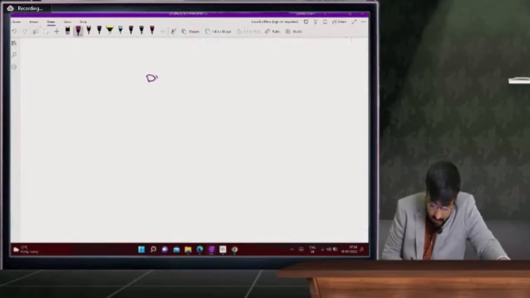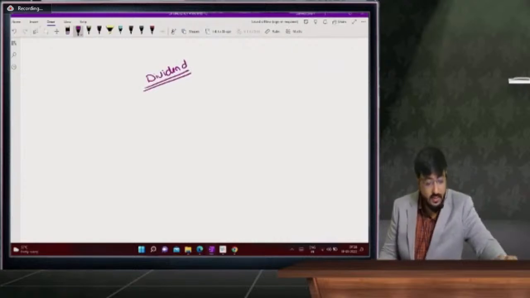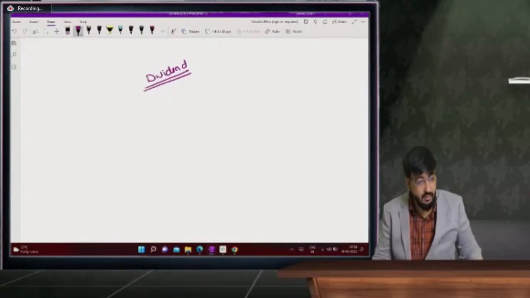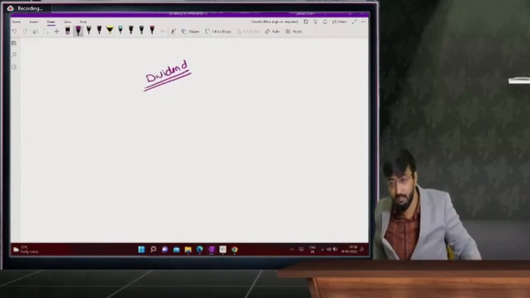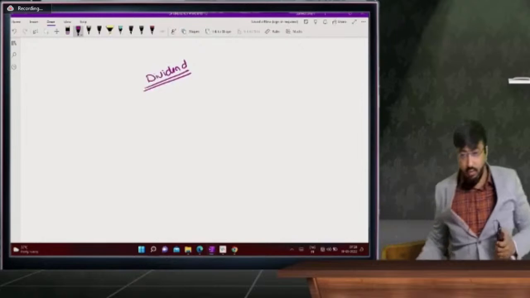Yes, can you tell me what is the limitation on dividend? So write down concept of dividend. Concept of dividend. Yes, write down. Dividend we are going to see now. So dividend concept.